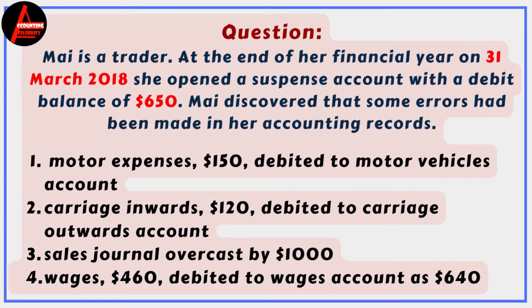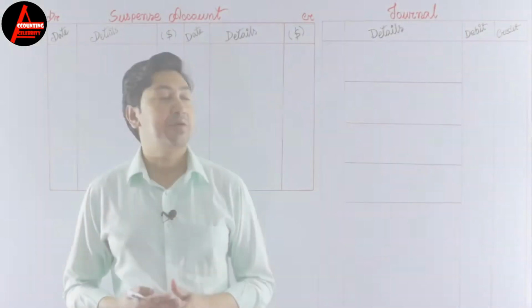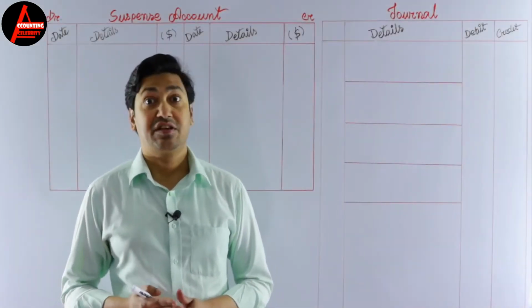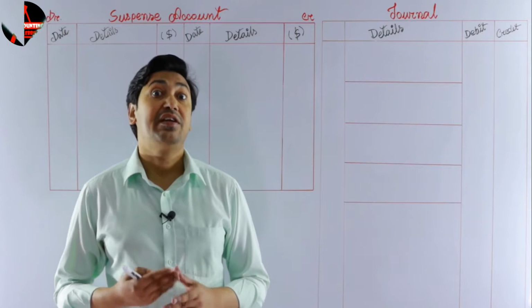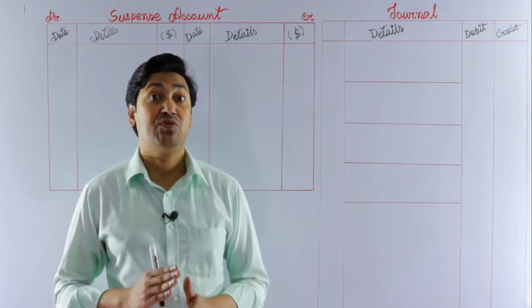Mai is a trader. At the end of a financial year on 31st March 2018, she opened a suspense account with a debit balance of $650. What does it mean? It means that her trial balance wasn't balanced.